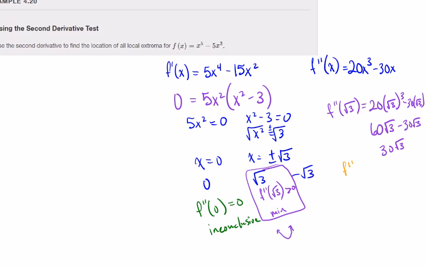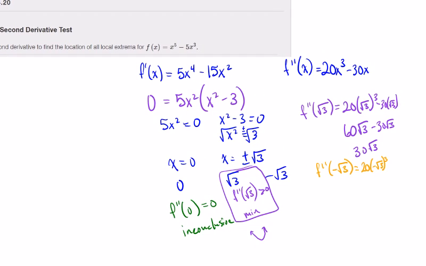f double prime at negative square root of 3. So that would be 20 times negative root 3 cubed, excuse me, minus 30 times negative root 3. And so this would end up being negative 3 root 3 when we cubed it. So it would be negative 60 root 3. And this will come out to positive 30 root 3 because a negative times a negative.